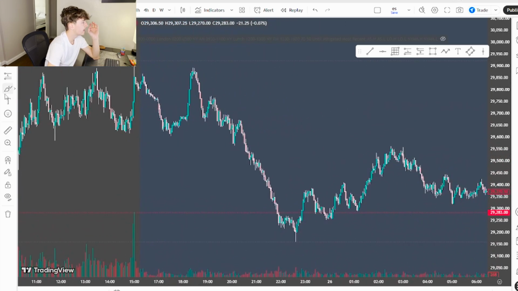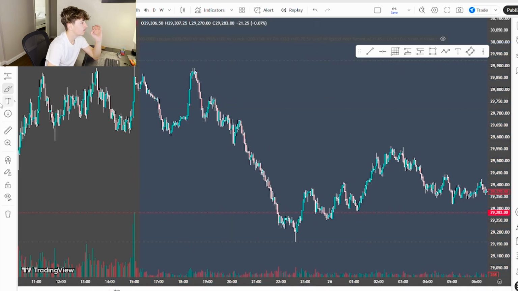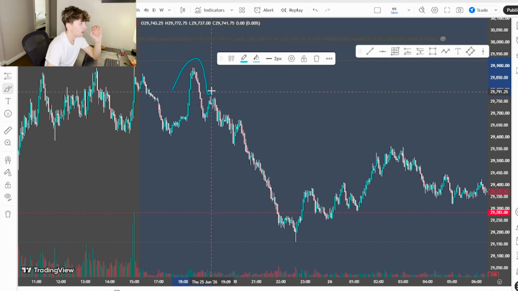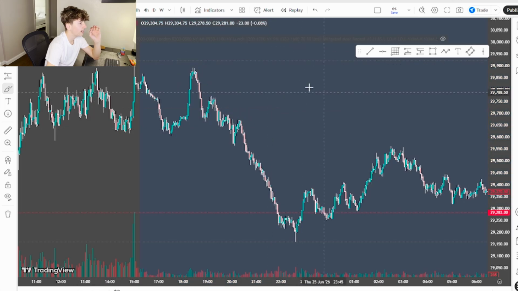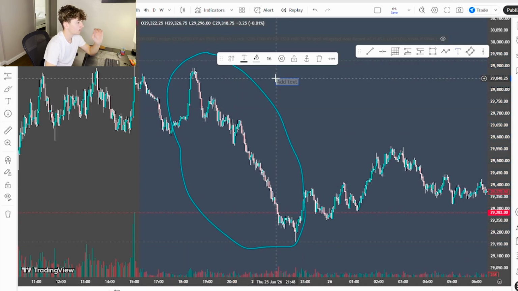So let's say here, for example, right here, price is moving and creating lower highs and lower lows, right? So we know that right here we are in a what? We are in a downtrend.